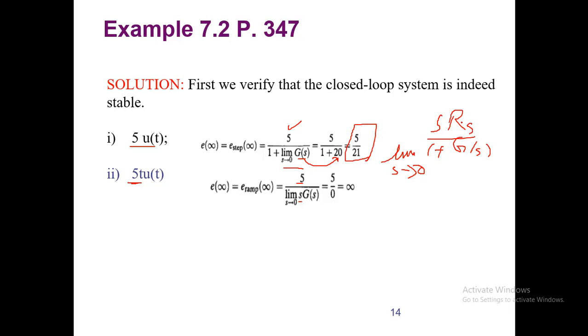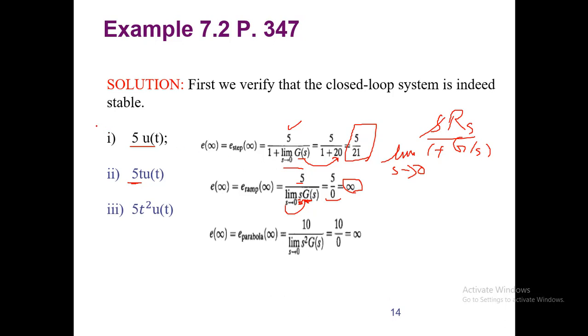So if you put R of S equal to 5 over S square, 1 S will be cancelled with the square and only 1 S will remain in the denominator. Now if you apply this limit over here, this whole thing will become 0 because this S is multiplied over here. So 5 by 0 means infinity. So there will be a huge error if you apply this as a test input.